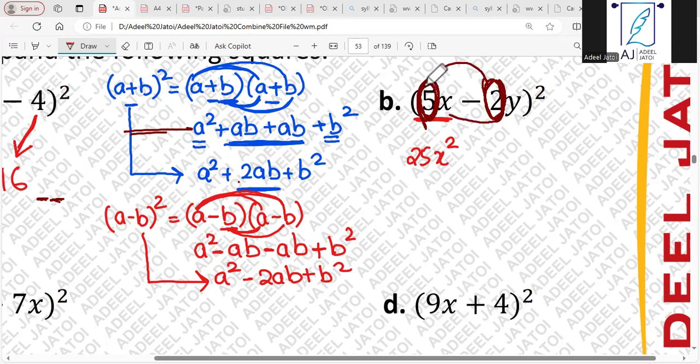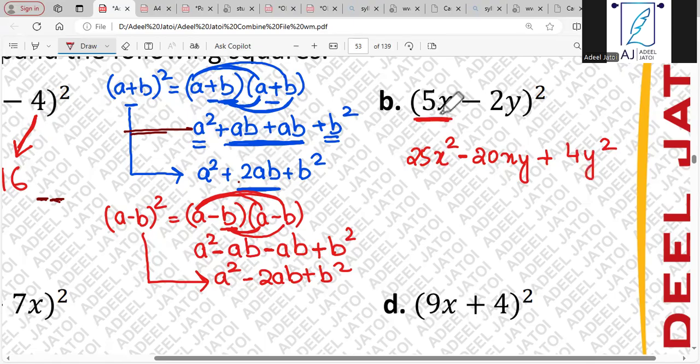So 20x and y. So we write down minus 20xy. Because 2 fives is 10, 10 twos becomes 20. So minus 20xy plus, because 2y whole square will become 4y square.